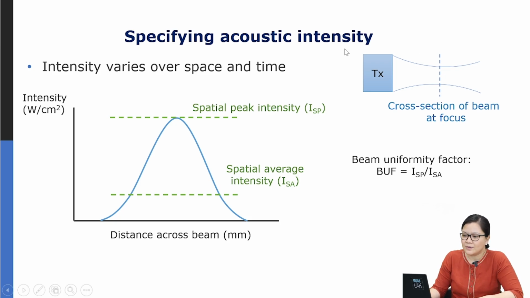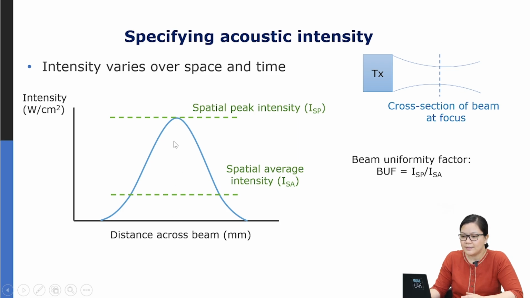If we have a look at the schematic on the top right here, we have a transducer and a focused beam right here. Let's take a cross section of the beam at this focus and plot its intensity profile. On the y-axis, we have our intensity, and on the x-axis, we have the distance across the beam, with the center being the on-axis distance.